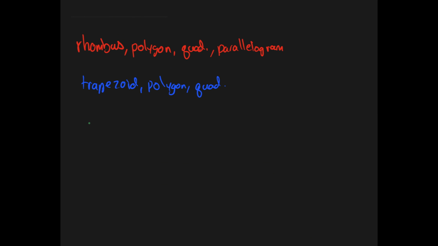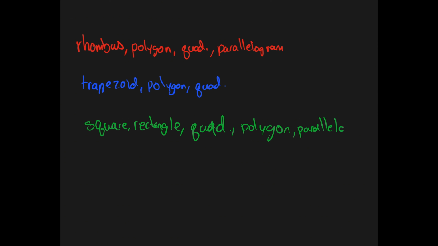This one is a square, a rectangle, if you remember, a quadrilateral, then it's a polygon, it's a parallelogram. And then there's one more that I forgot to talk about. Sorry. It is an equilateral.